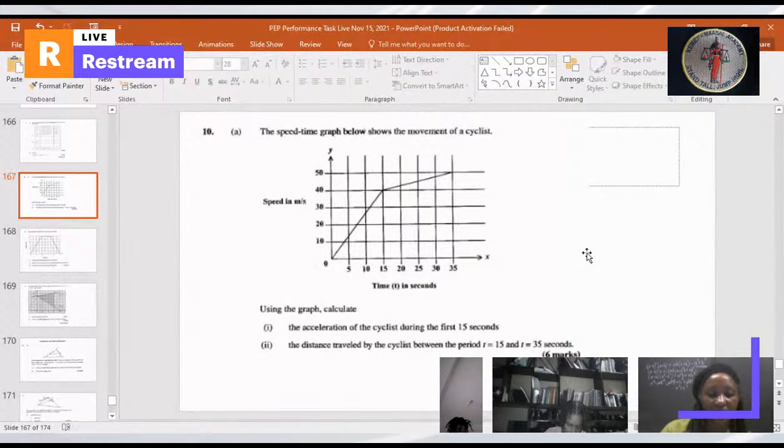So using the graph, calculate the acceleration of the cyclist during the first 15 seconds, and II, the distance traveled by the cyclist between t equals 15 and t equals 35 seconds.